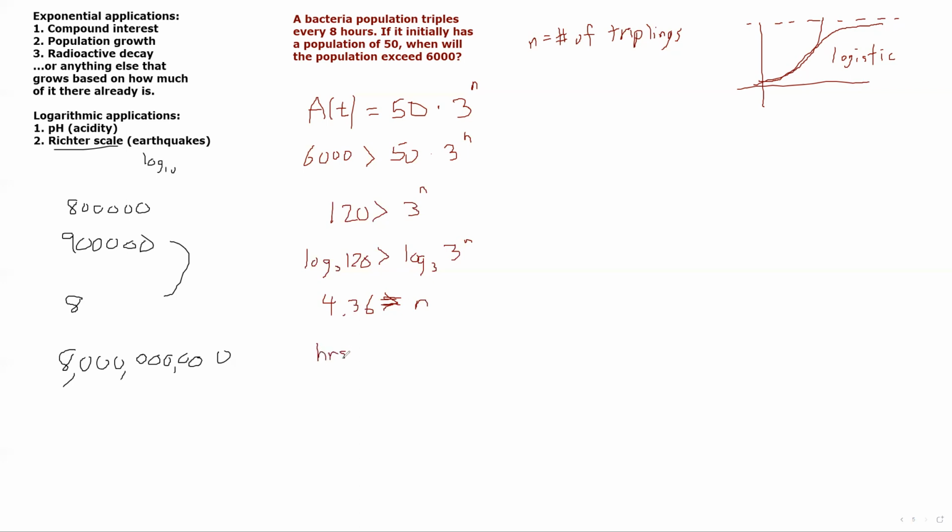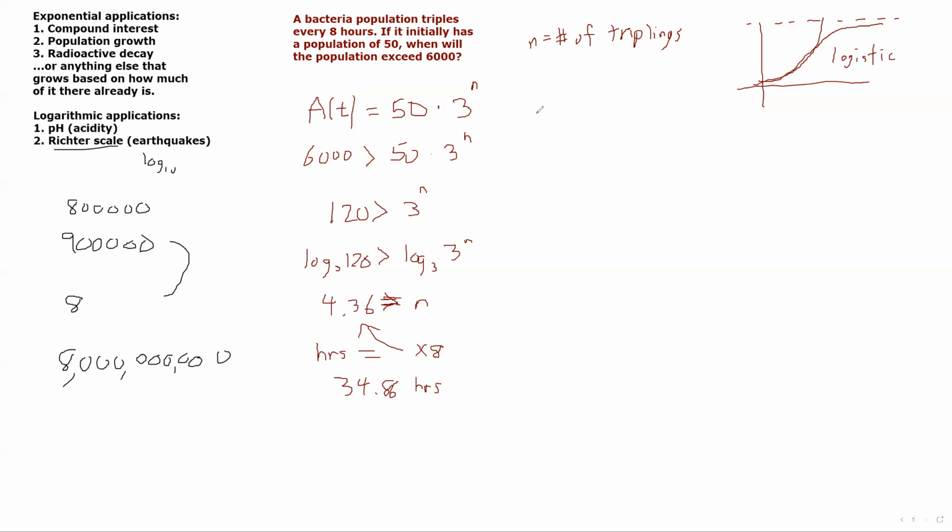So the hours is this number times 8. So I say times 8, and I get 34.86 hours. And if we had to say what hour number does that happen, we would probably round up and say 35 hours.